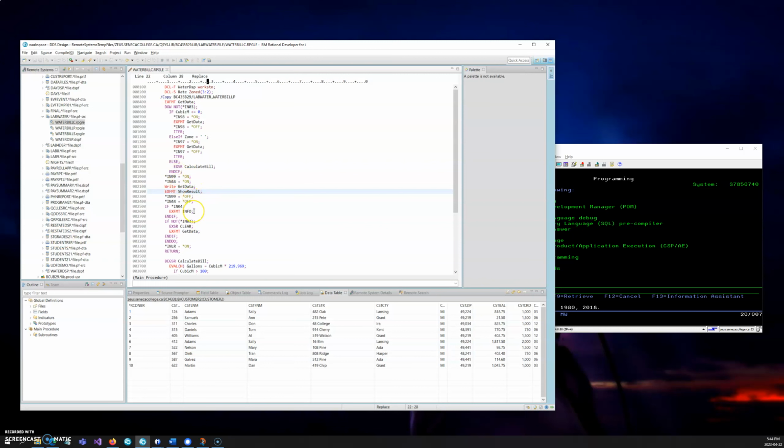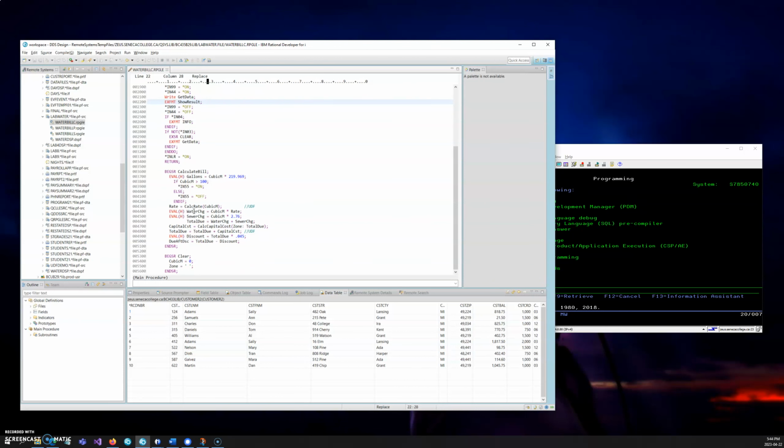We have indicators and so on. The user-defined functions, we have two of them. One is right here. In calculate bill, we have calculate rate. So it's a water fee, water charge. And another one is calculate capital cost.